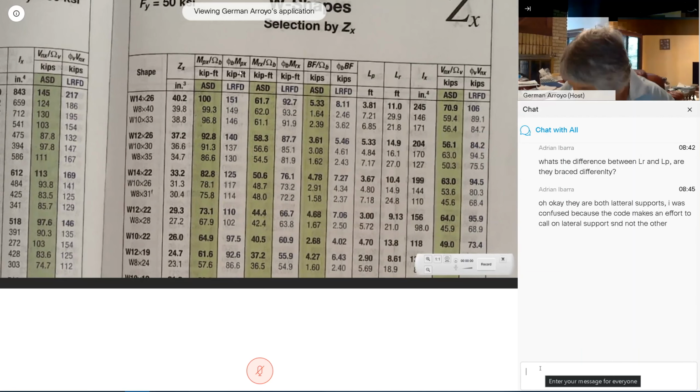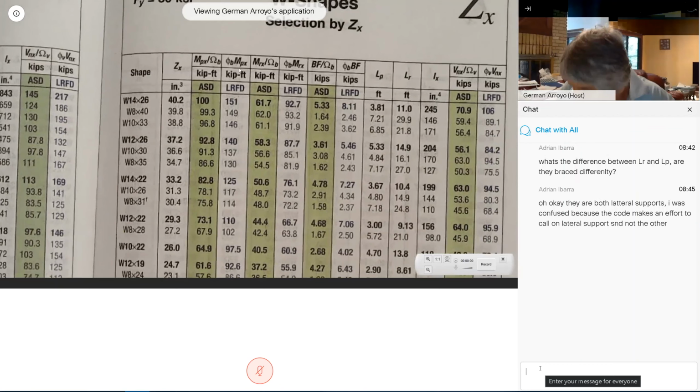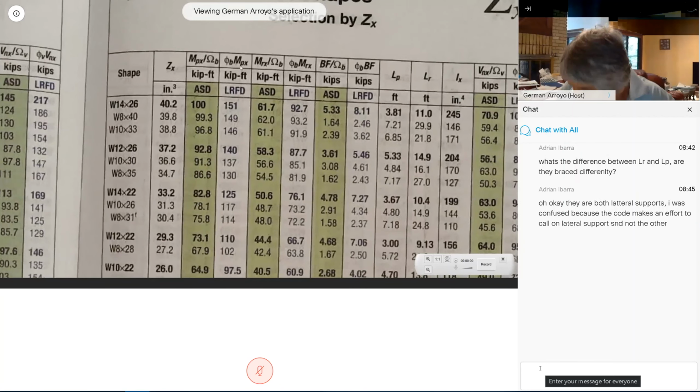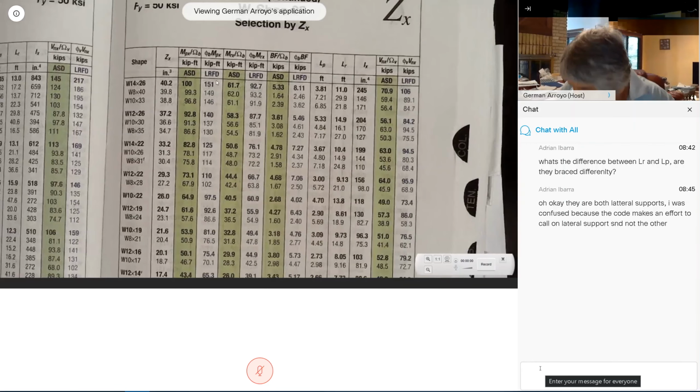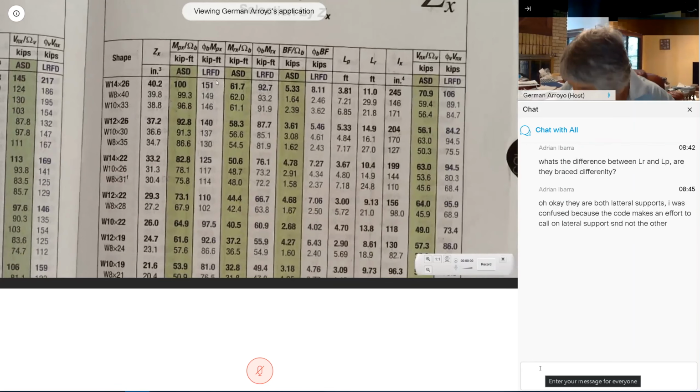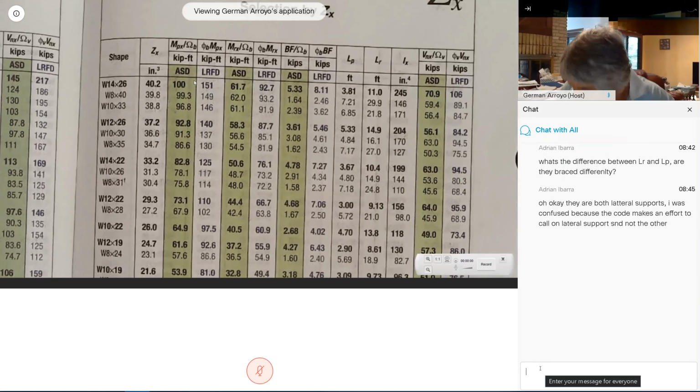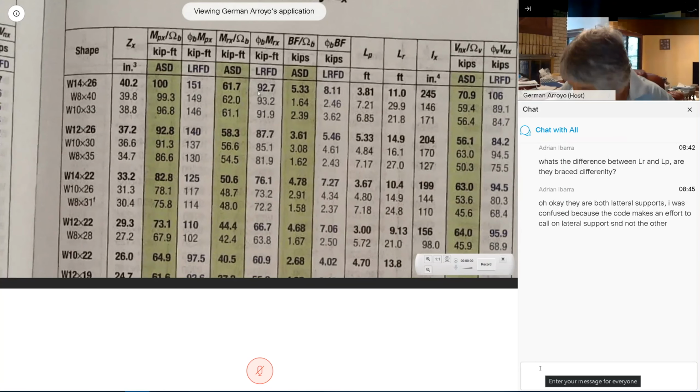This is phi M sub p. This value here, phi M sub p, is already computed for you. Phi M sub p is phi Fy Zx. So if you multiply this Zx times 50 and divide it by 12 and multiply times phi, it gives you this phi M sub p. This is phi M sub r. Phi M sub r already has been computed for you.